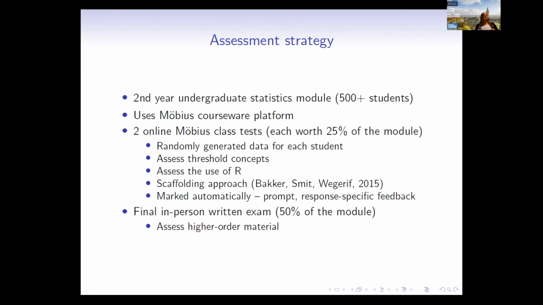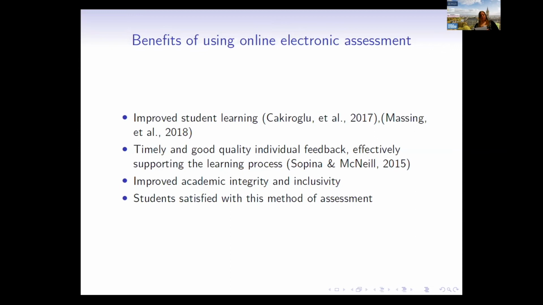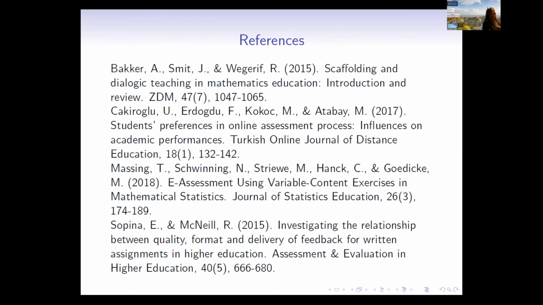Online class tests are marked automatically, satisfying all usual aims for assessment feedback. Since I introduced the online assessment in my module, there has been a positive impact as predicted by the literature. This is a summary of these benefits, and these are the links to the literature.